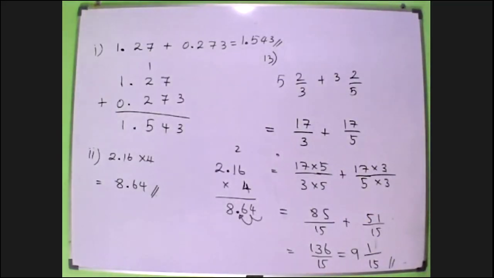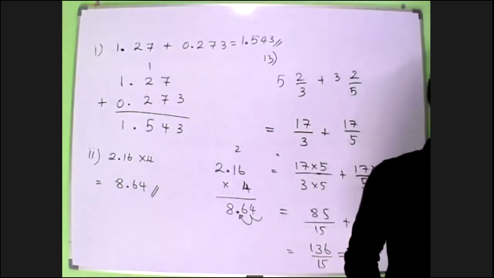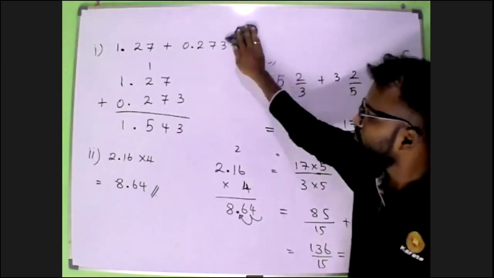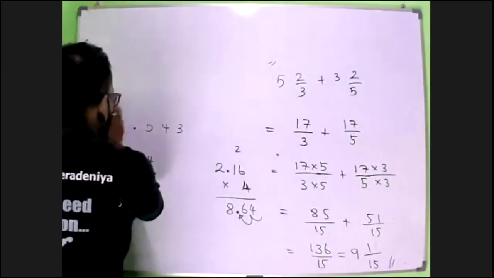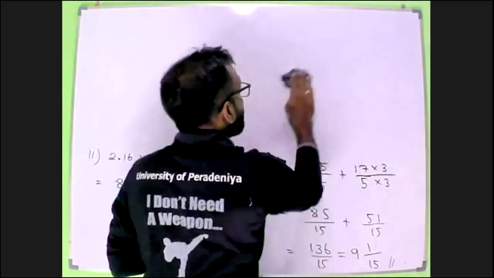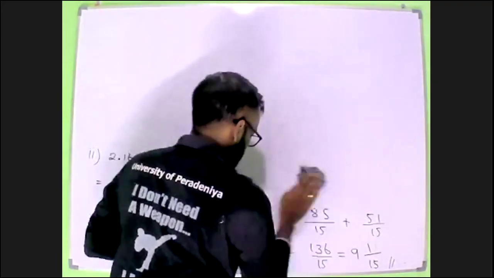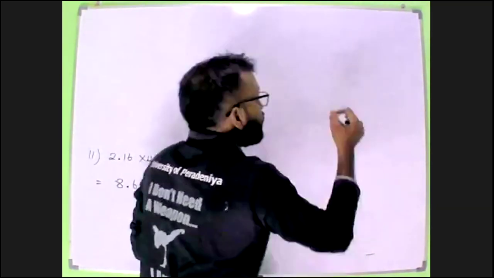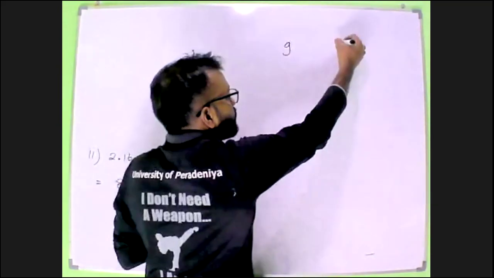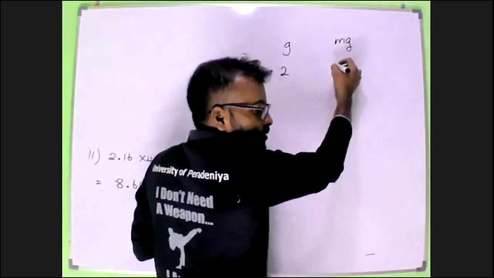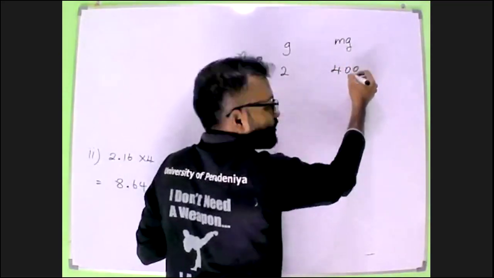And the maths lesson. So we have done this. Simplify grams and milligrams. So how do you simplify? 400 grams.